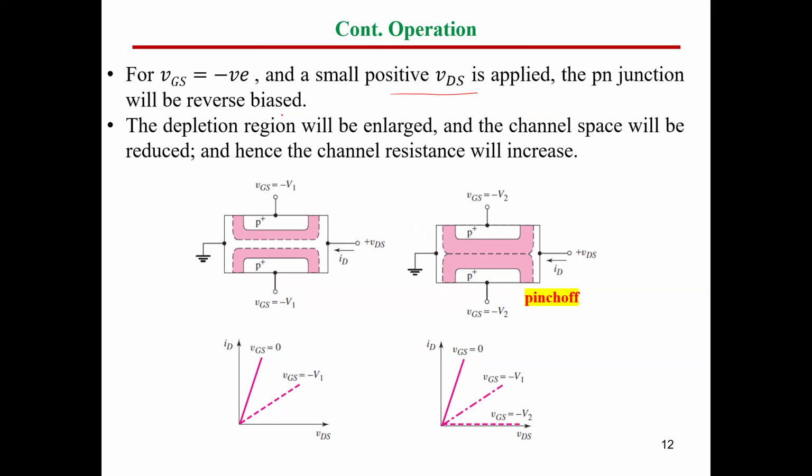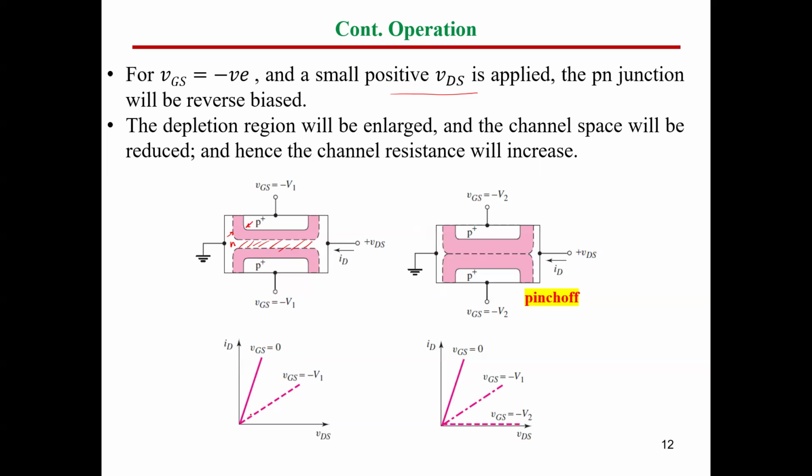So you have here P, and this is already N. Since P is connected to negative and N is connected to 0, this means the depletion region is going to increase. And increasing the depletion region means the current will decrease because, as you can see here, the channel width has been decreased. So reducing the channel width by increasing the depletion region, by applying more negative volt to the gate, will reduce our current.